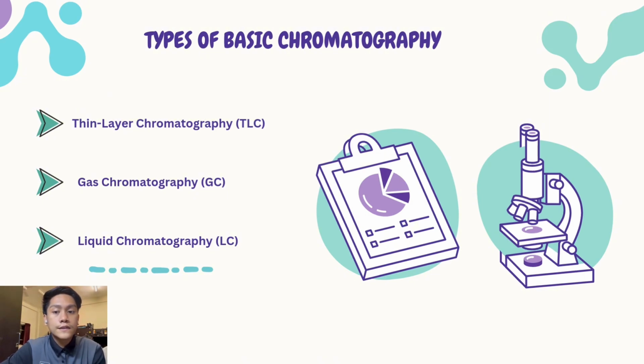Third, liquid chromatography, or LC, the mobile phase is a liquid that carries the sample through a column. Commonly used in drug testing, protein analysis, and environmental studies. Let me know if you'd like to add more details.